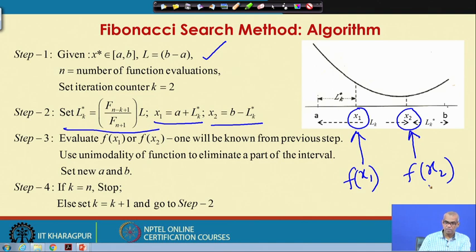So, again we find out the L k star in the next iteration, that means k plus 1 iteration. So, L k plus 1 star, and we will continue until the maximum number of iterations are reached.